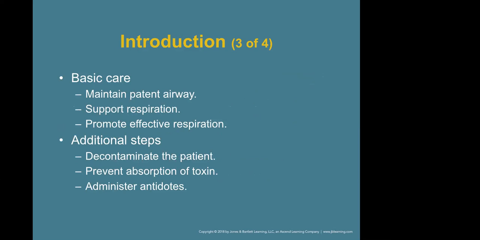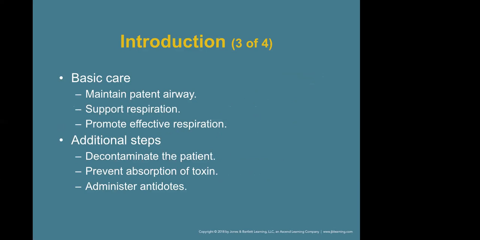So basic care: airway, breathing, circulation. Okay, so patent airway, support the respiratory effort and promote effective respiration. So make sure your patient is properly decontaminated. And we're going to try to prevent additional absorption of the toxin.